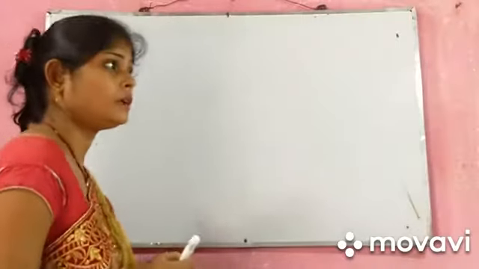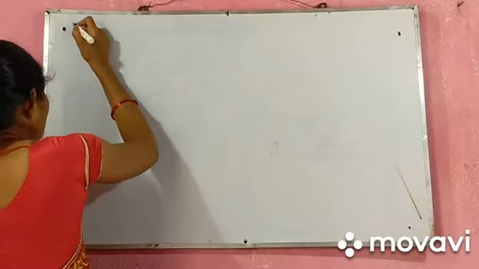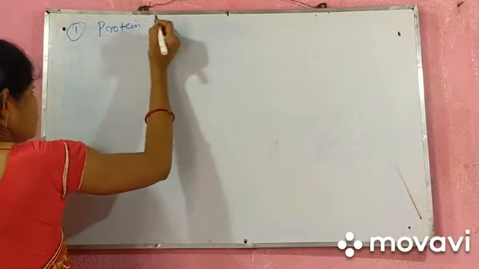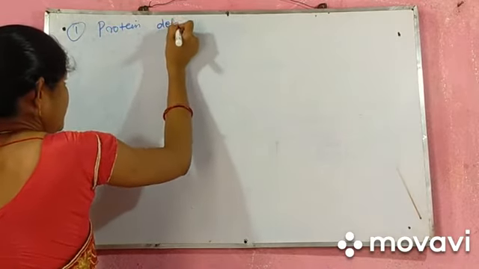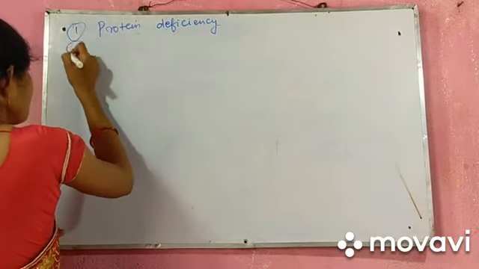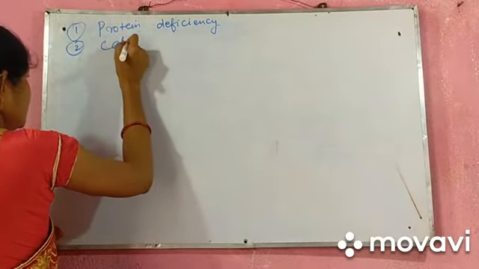So what are the deficiencies? Number 1 is protein deficiency. The children suffer from protein deficiency. The next one is calorie deficiency.